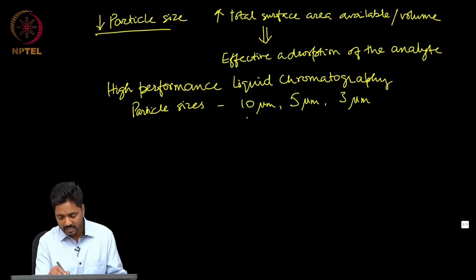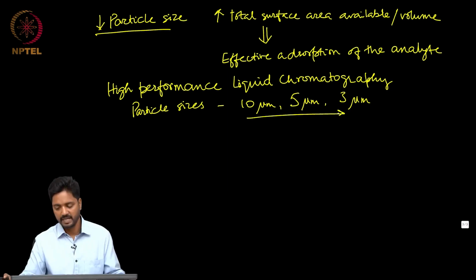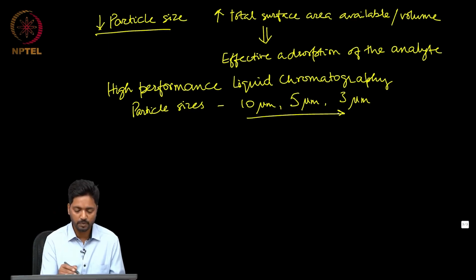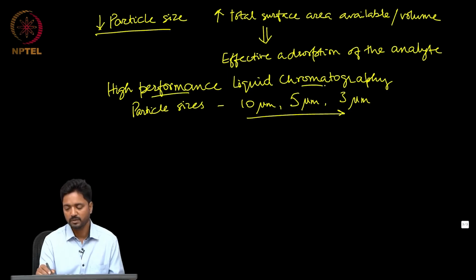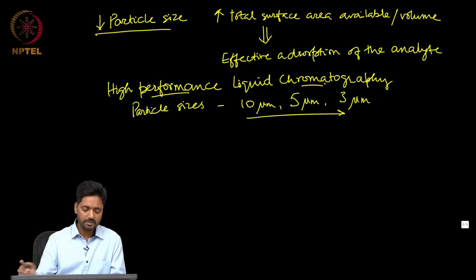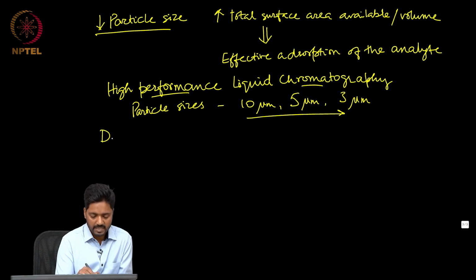So, as we decrease the particle size, our efficiency of separation improves, or in other cases the performance of the chromatographic technique improves. So, we will be requiring a much shorter column to achieve the same separation. However, there is a downside of reducing particle size.